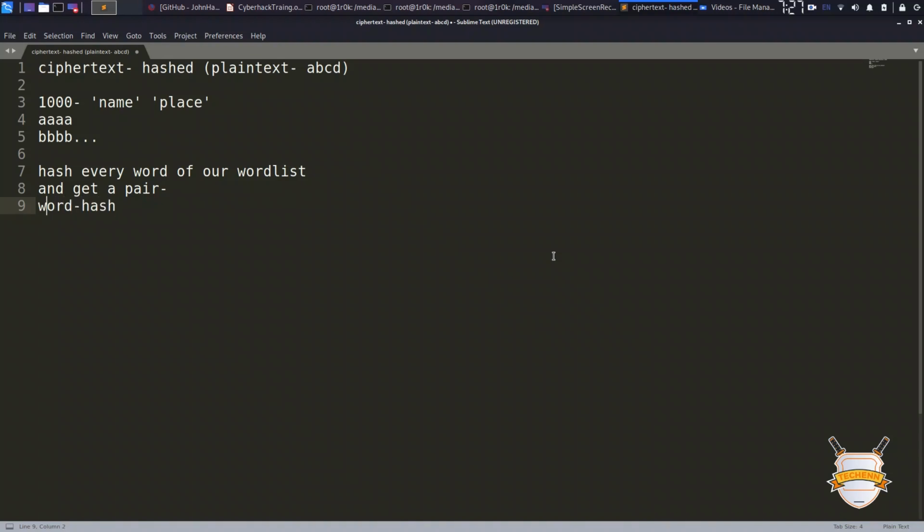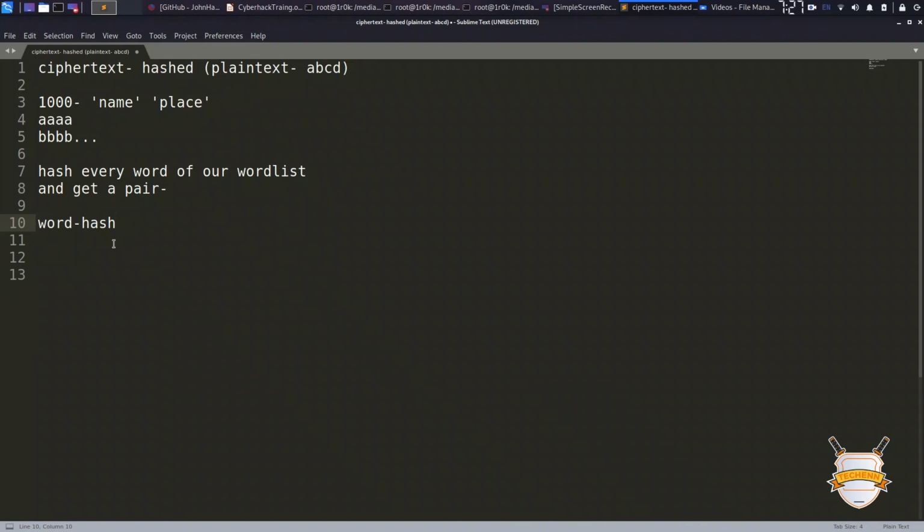So in order to crack our original hash, which was this cipher text, I will just compare my hash with this word list. There are 1000 words, so there will be 1000 hashes, and I will compare my original hash with those 1000 hashes.